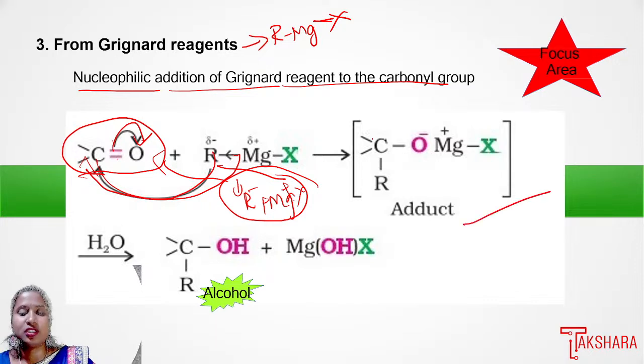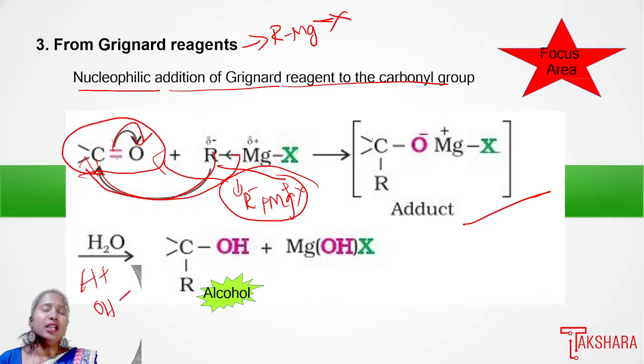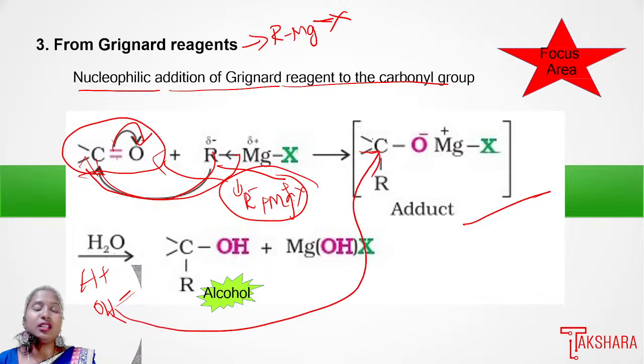Adduct formation takes place. Then for this adduct, if we add a water molecule, in water there is a presence of H plus and OH minus. Here OH minus attacks the carbon atom, and we get the product.